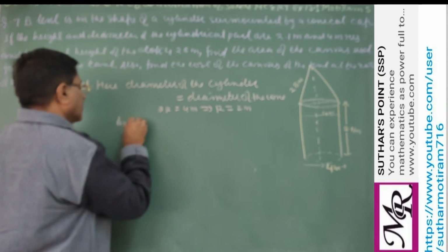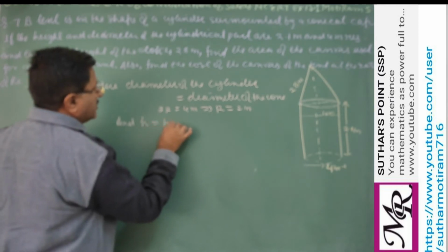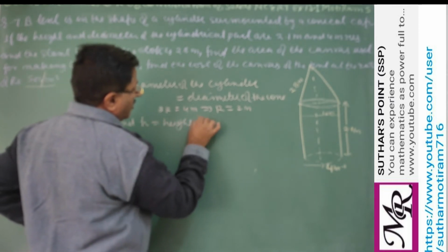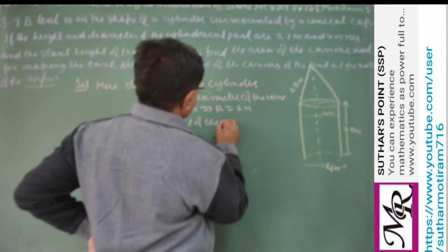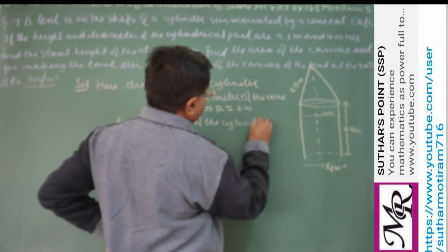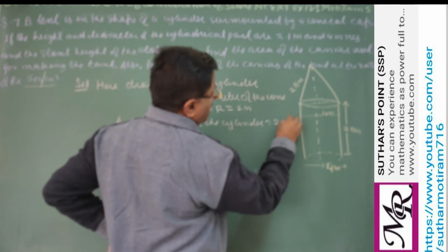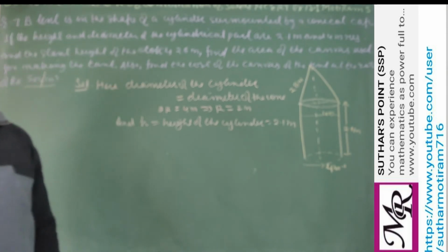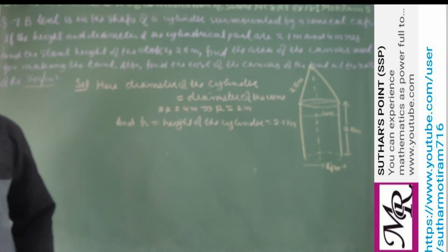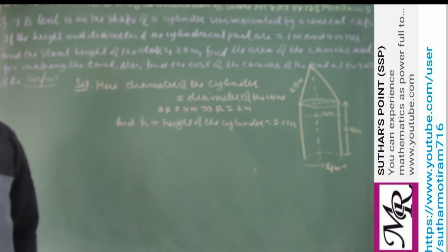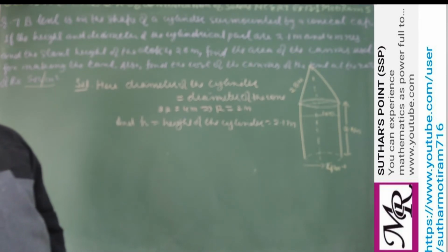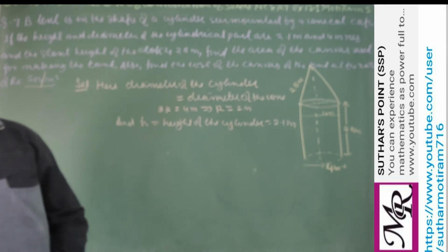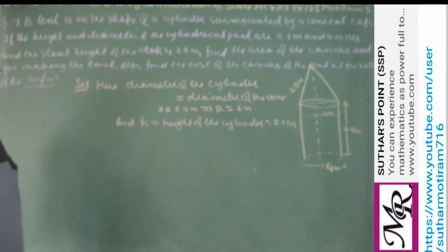And h, that is the height of the cylinder or cylindrical part, is given as 2.1 meter. Clear? This is what we are given. Then what we need first is how much canvas is required. It means how much outer area is there, that we have to see. Also we are given the slant height.